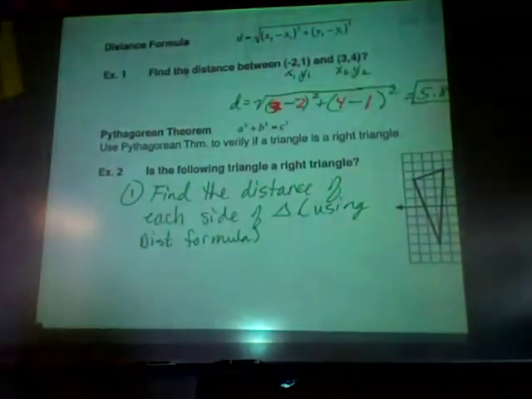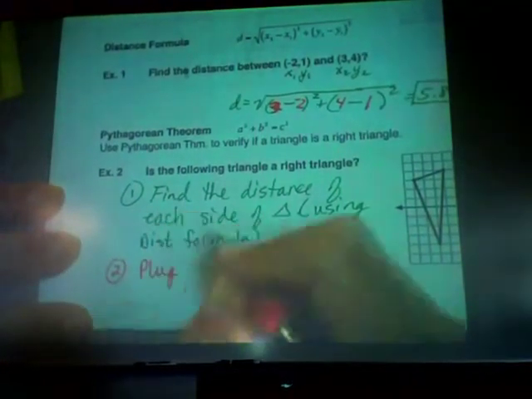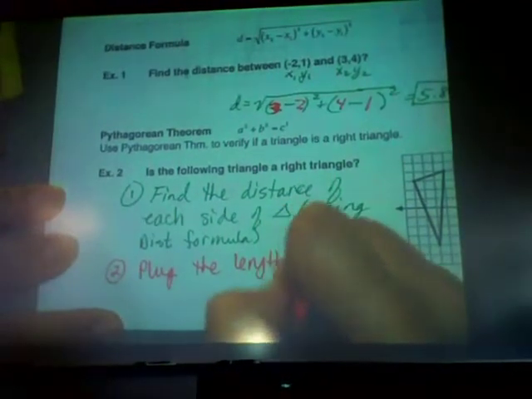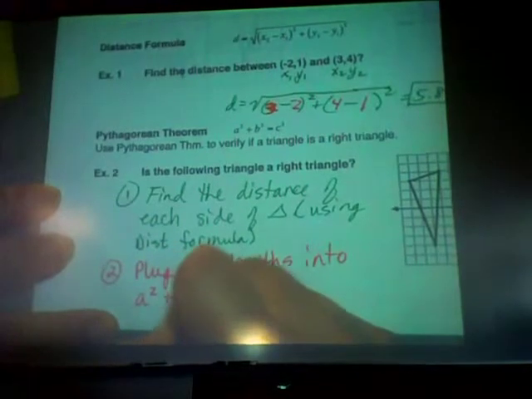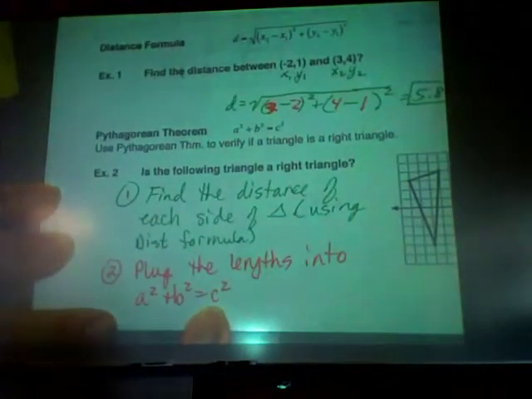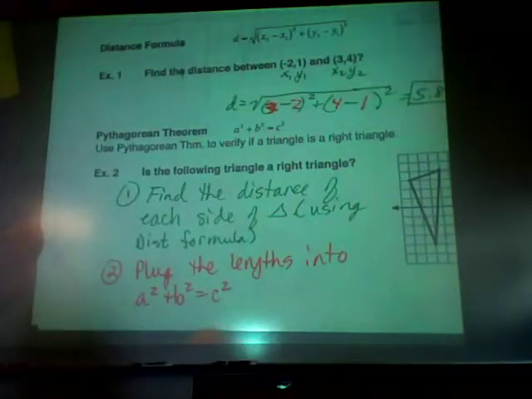And then step 2, plug the 3 lengths into a squared plus b squared equals c squared, with the longest length going in for c squared. And then if the left side of the equation exactly equals the right side, then yes, it's a right triangle. If it doesn't, not.